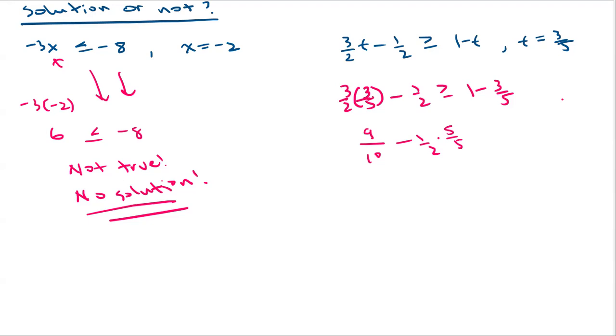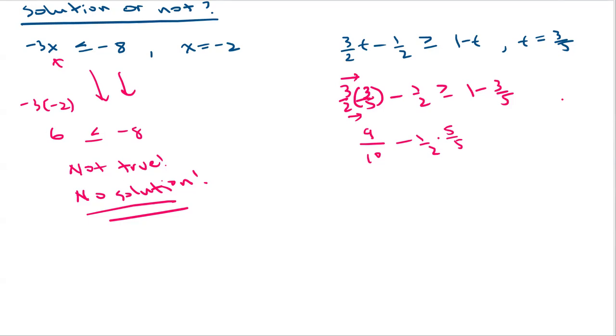So when I did this for the left side, we get 3/2 times 3/5 minus a half. On the right side, we got 1 minus 3/5. So on the left side, 3 times 3 is 9, and 2 times 5 is 10. Remember, when you multiply fractions, you multiply across on the top and on the bottom. So we get 9/10, and then minus 1/2.